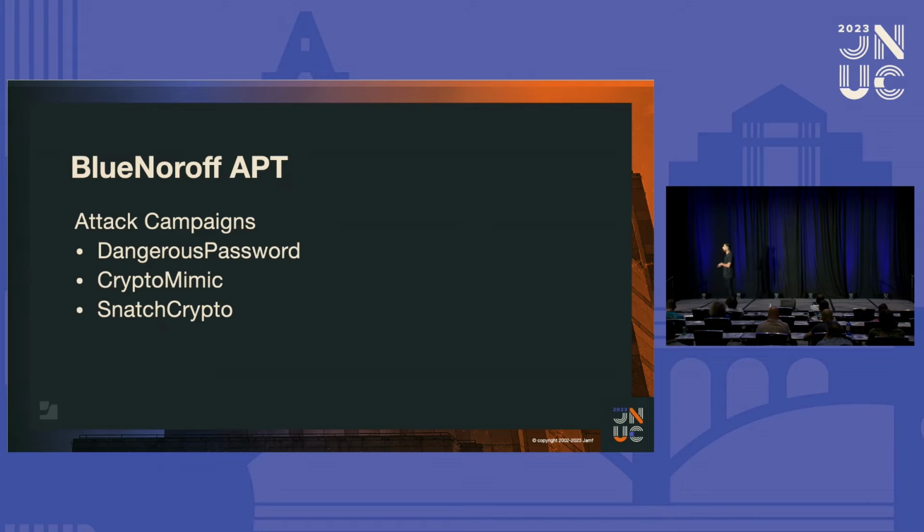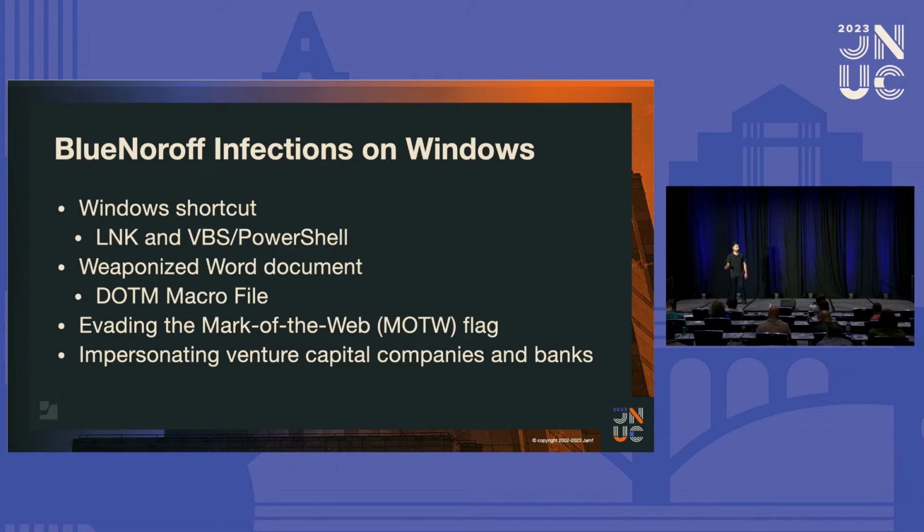Some of the attack campaigns on the Windows side are referred to as DangerousPassword, CryptoMimic, and SnatchCrypto. Kaspersky actually did a pretty in-depth write-up on the Windows side if you're interested in checking it out. Some of the things on the Windows side, and we'll see how this relates when we do the analysis on RustBucket: they leverage Windows shortcut files (LNK files), VBS, PowerShell, and weaponized Office macro documents that are infected.